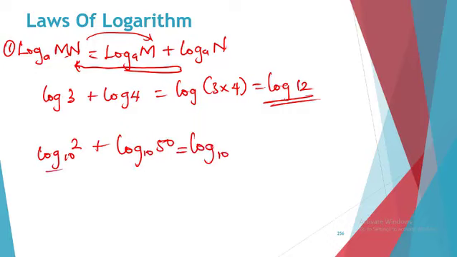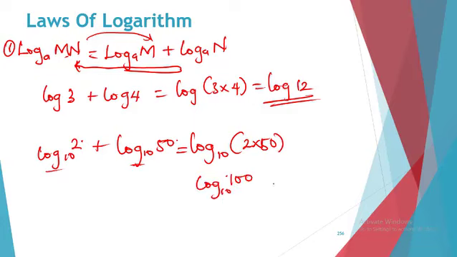Log, they are all what? In base 10. So you write down log and then the base, you open a bracket, you multiply these numbers here, so you have 2 times 50. Okay, and that will give us what? Log 100 base 10.